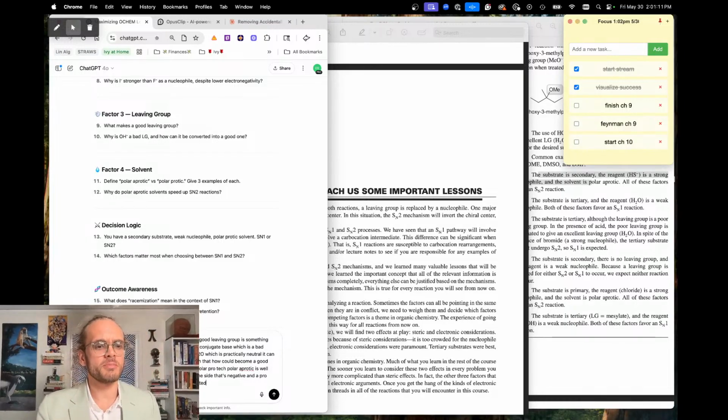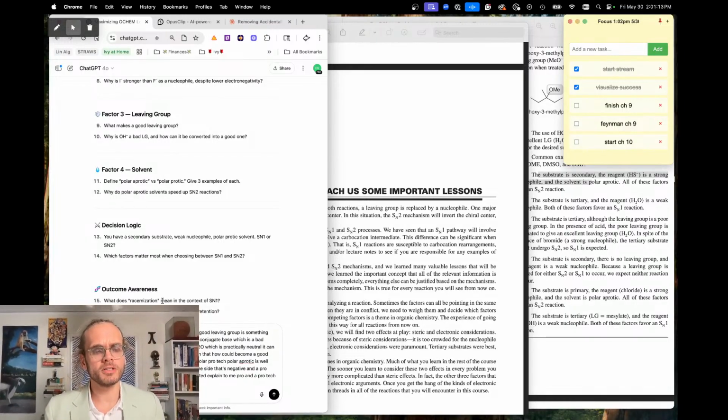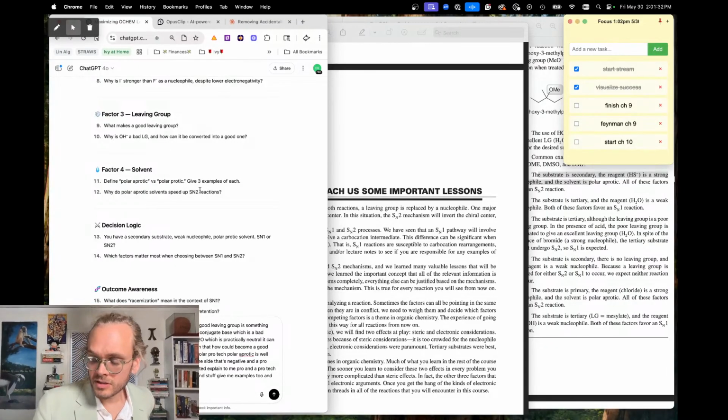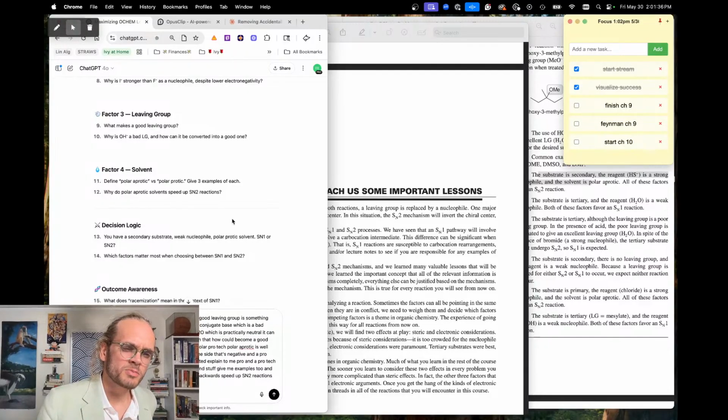Explain to me protic and aprotic, though. I know polar. Protic, I think, is like the sulfonates and stuff. Give me examples, too. And polar aprotic solvents, I see now they got that backwards, speed up SN2 reactions because they enable a backside attack, but explain how that happens more.